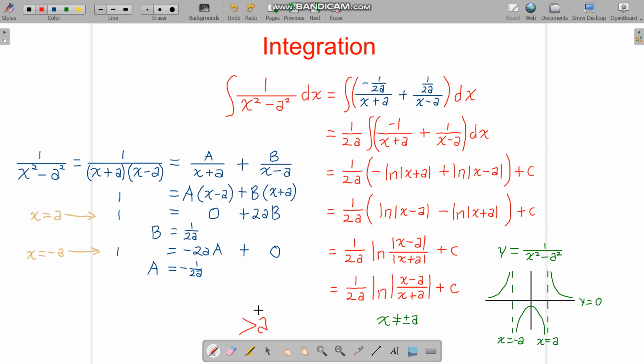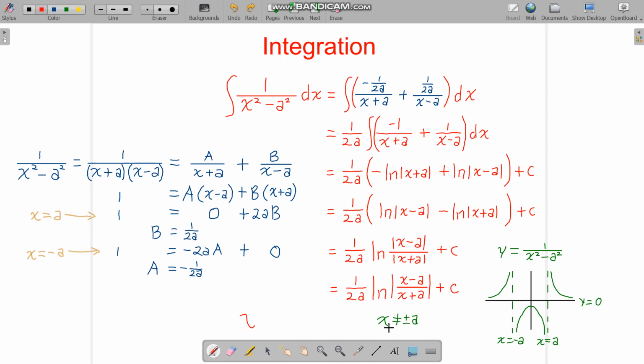And in my opinion, I don't agree with this restriction that x must be bigger than a, because in my opinion x can be smaller than a, no problem, as long as it's not exactly the same as plus or minus a. So I think what the formula actually means is, if we have no absolute value, or if we just use simple brackets, then yes, x must be bigger than a.